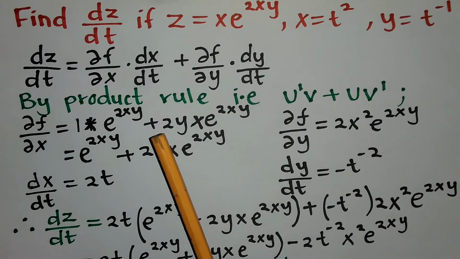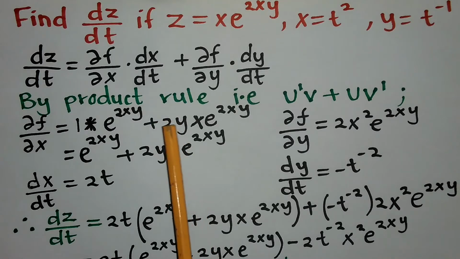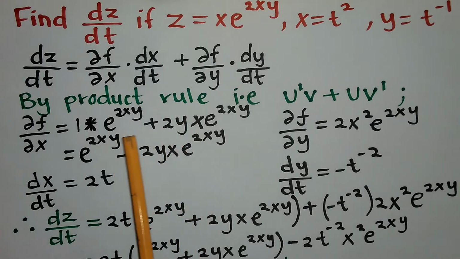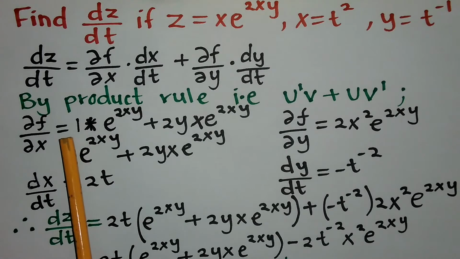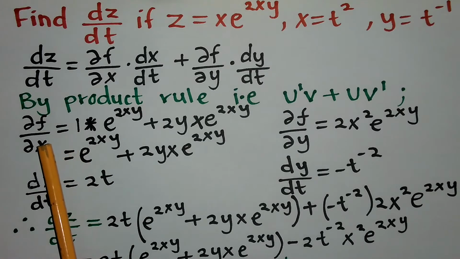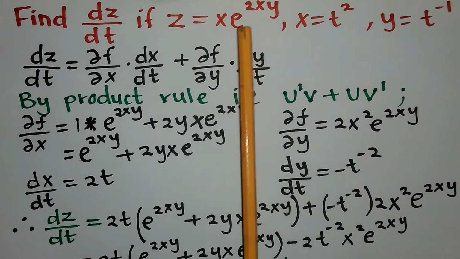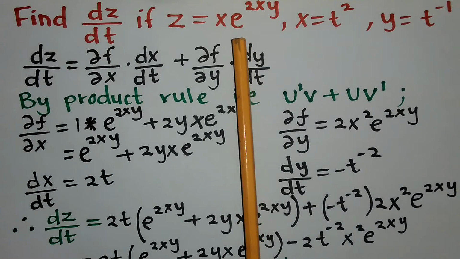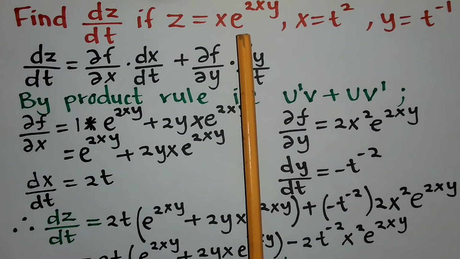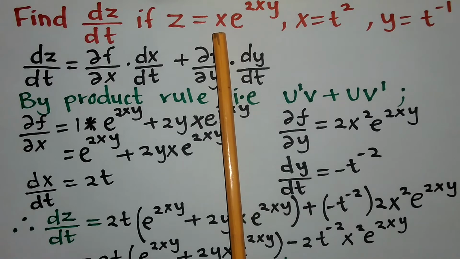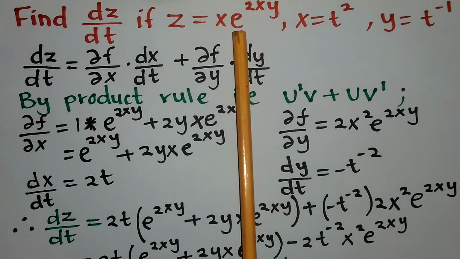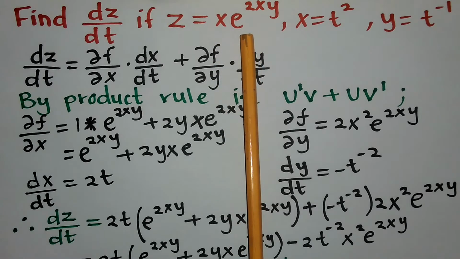So I'm going to apply a product rule in finding the derivative of my function f with respect to x. That is because we have x here and x in the exponential. So that means I'm going to treat x as u and exponential 2xy as v.